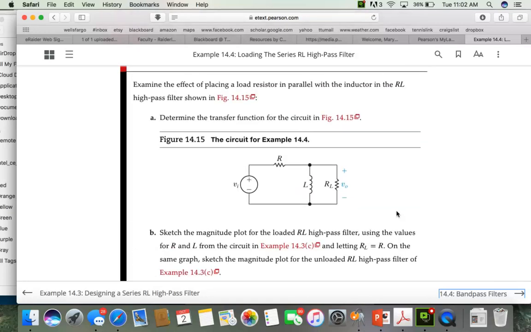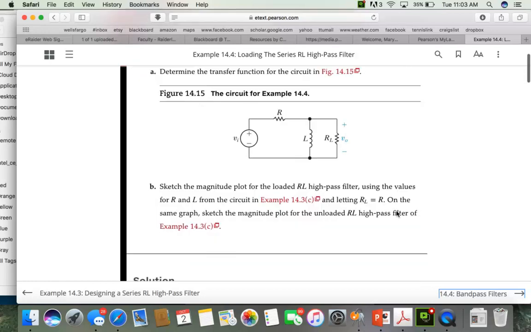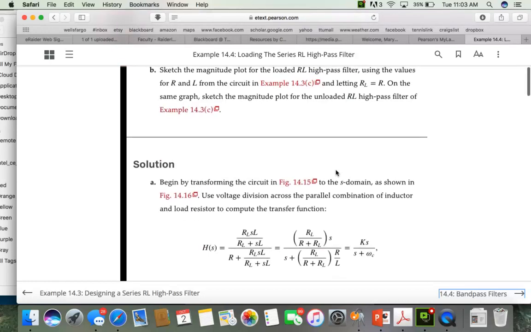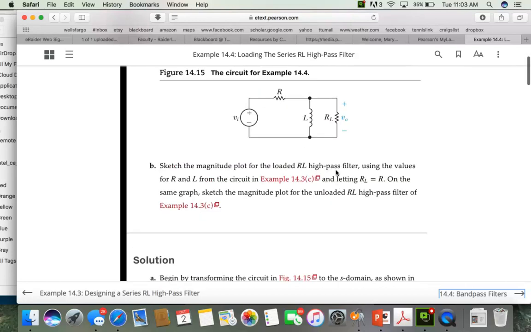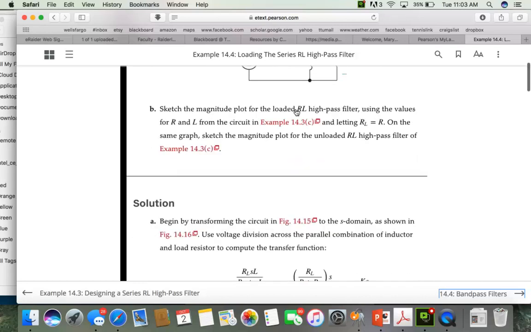So the point of this example is to illustrate in the real world what the effect of adding this load resistor is. So if we just, in this particular case, work through this example, basically this impedance becomes the parallel combination of L and RL, and then we can do a voltage divider between R and that equivalent impedance.